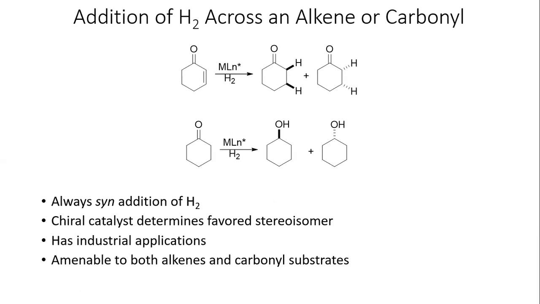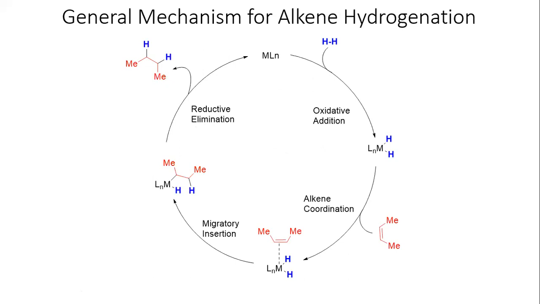And again, this reduction technology is amenable to both alkenes as well as carbonyls, as you can see here. So here you can hydrogenate a C=O double bond and get out two chiral products, right? Which one predominates is going to depend on the catalyst, and it's going to depend on a lot of things.